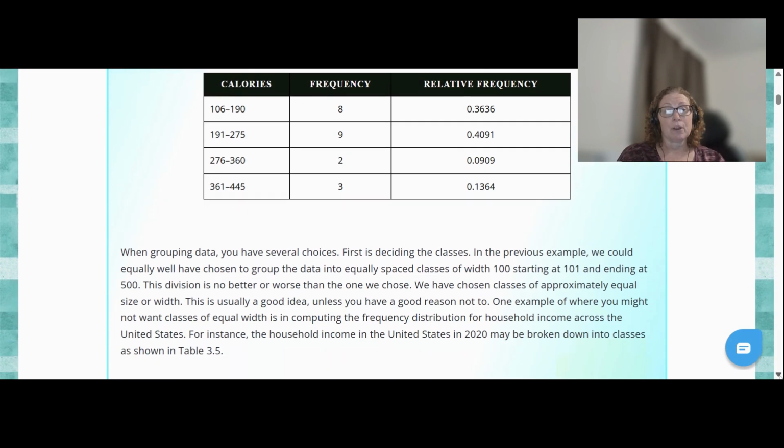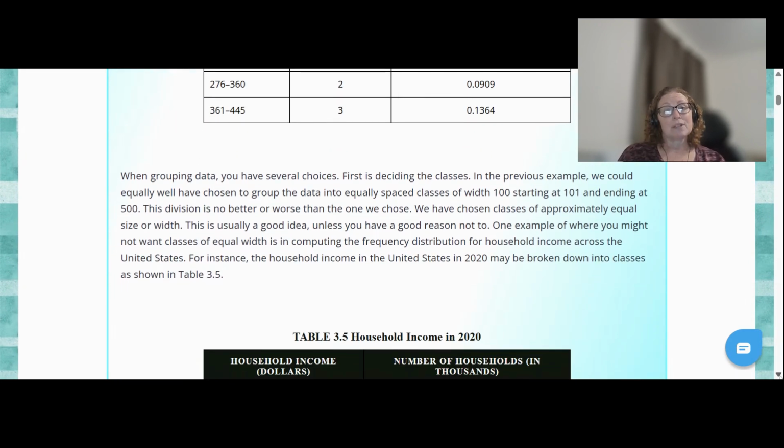So, like I said, we have several choices in grouping data. You need to look at the classes. We could space them equally. We could have started them at 100 and ended at 500. It just really depends on, I like to think, what is the end picture going to look like?